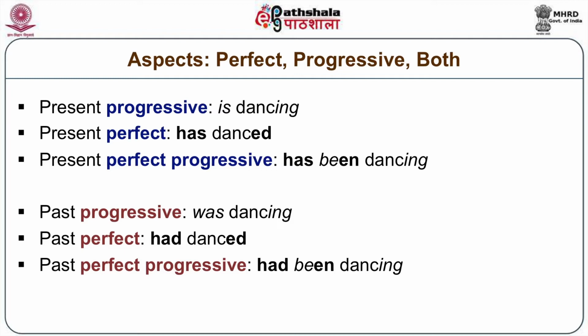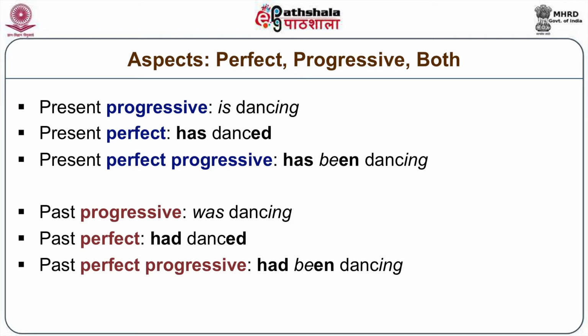What is aspect? If you recall, in your school grammar, you were taught that the present tense in English breaks up into present indefinite, John laughs. Present progressive, John is laughing. Present perfect, John has laughed. Present perfect progressive, John has been laughing.